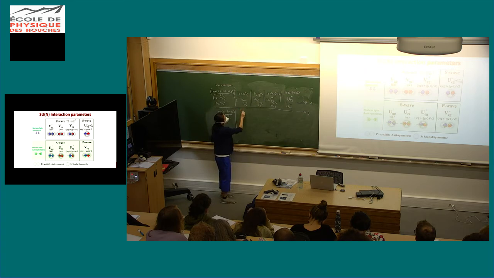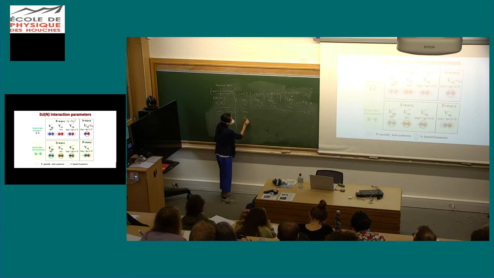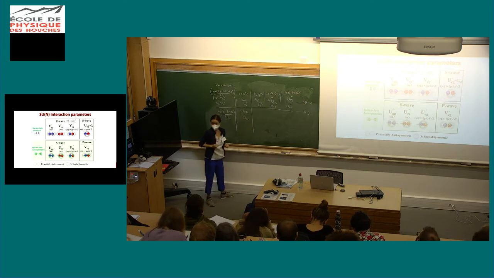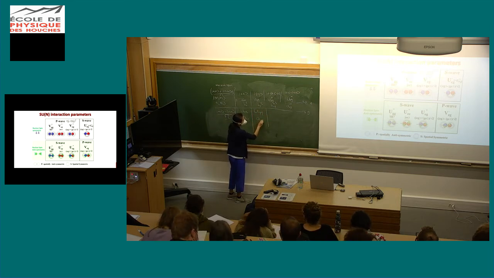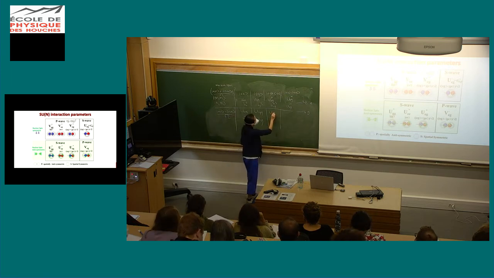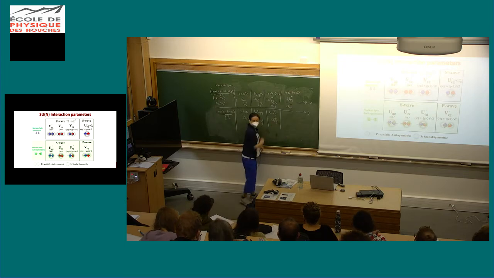So in this case, I'm going to have UEE, and these collisions are going to be characterized by the scattering length EE. Similar here, I'm going to have S-wave, and therefore I'm going to characterize by GG. In this case, it can be again S-wave, and I'm going to have a scattering length that is G plus.